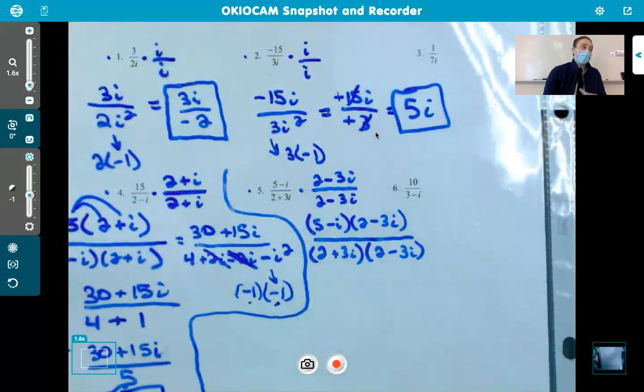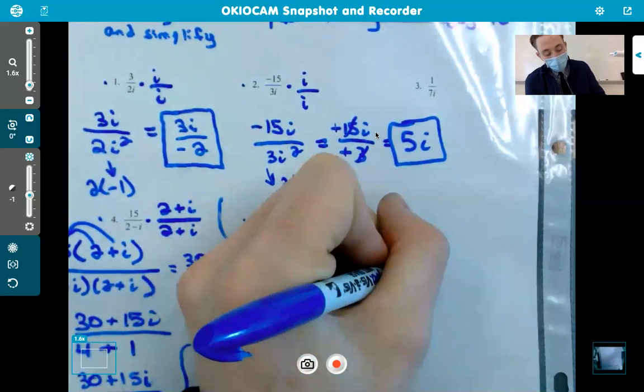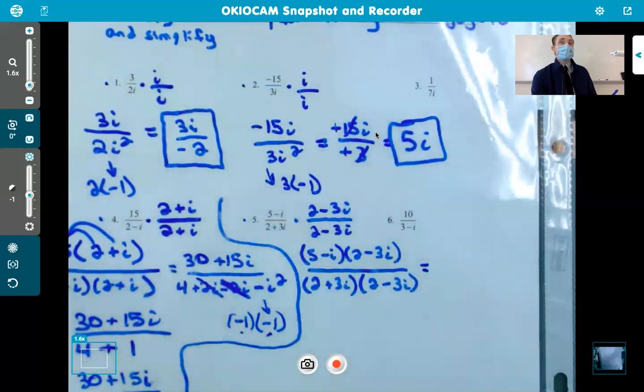So there's going to be quite a bit of work that I need to show here in order to simplify, because if I have a complex times a complex, as we've seen before, that should trigger that we need to FOIL. So I got to FOIL not only in the denominator again, but in the numerator as well. Everybody with me so far? Everyone's good.